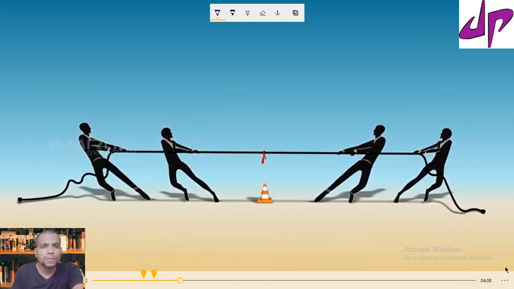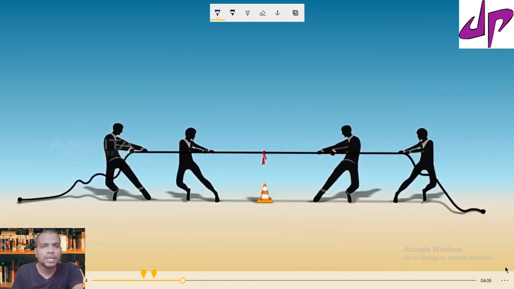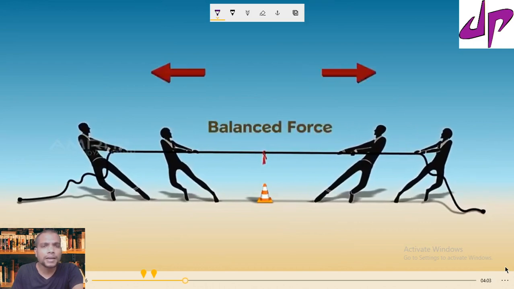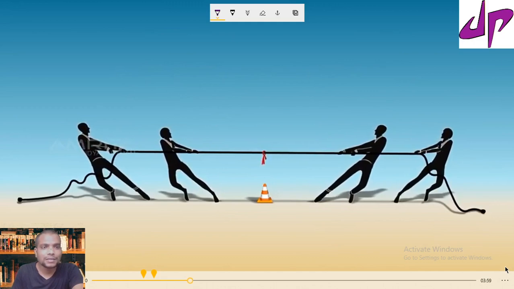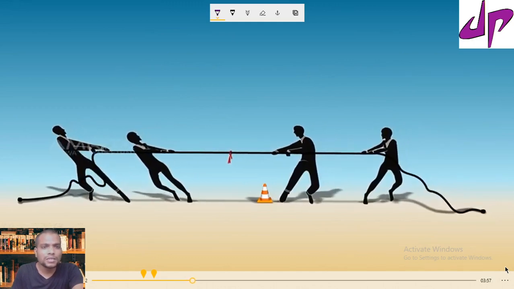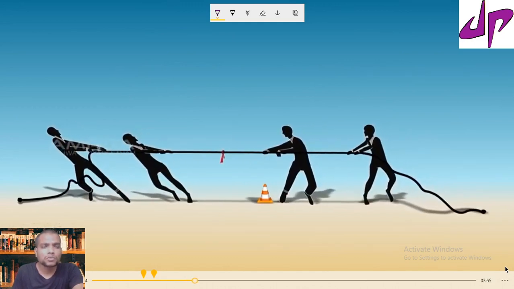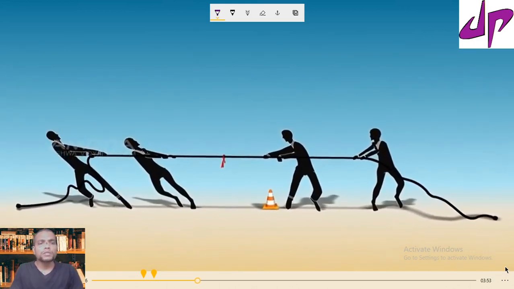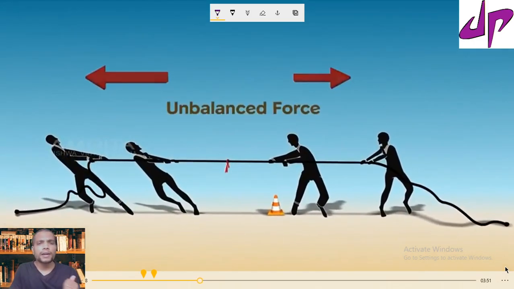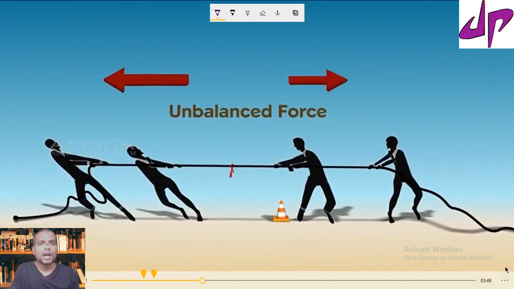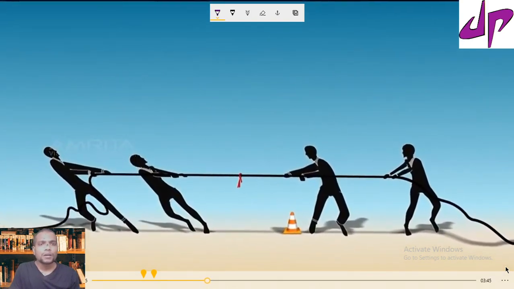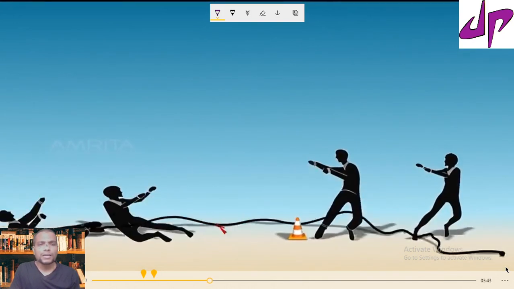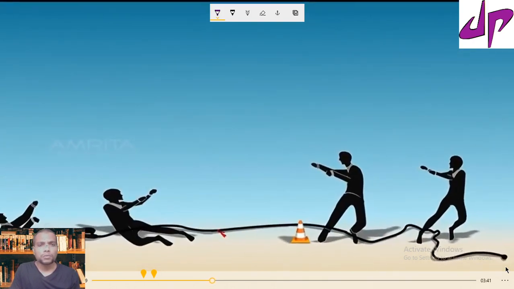If they both apply force equally and in opposite directions, their forces are balanced. Suppose one team starts to apply more force, now the rope moves in that particular direction. Now here the forces are unbalanced. Now if one team lets go of the rope, the other team falls.